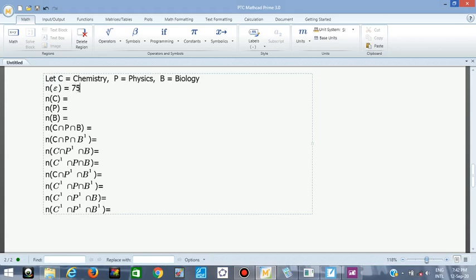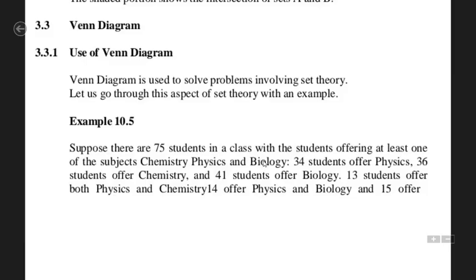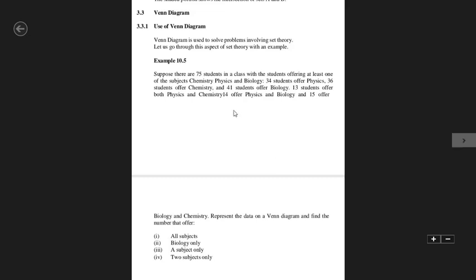That is 75 students are present. So take note of that. Out of the 75 students in that class, let's go back to the question. Out of these 75 students present in the class, all of them offered at least one of the subjects. That means there's no idle student here.